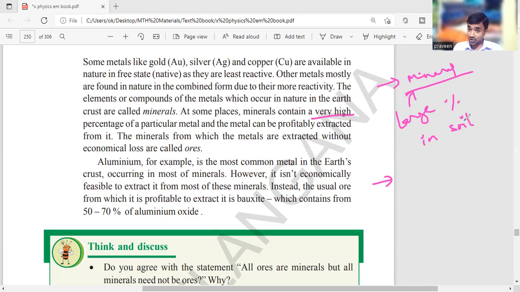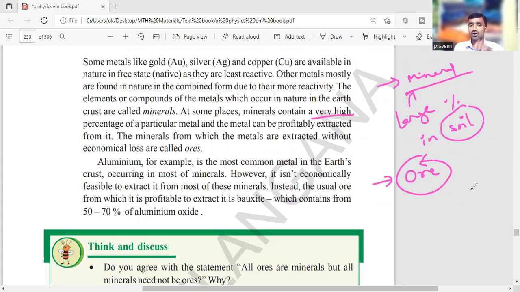So the soil which contains a large percentage of mineral is called ore. That mineral is available everywhere in the soil, but we cannot treat all of it as ore for separation. So ore is a substance which consists of a high percentage of mineral.